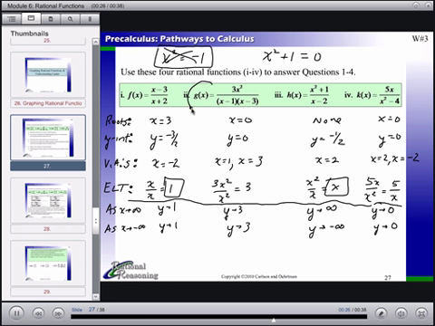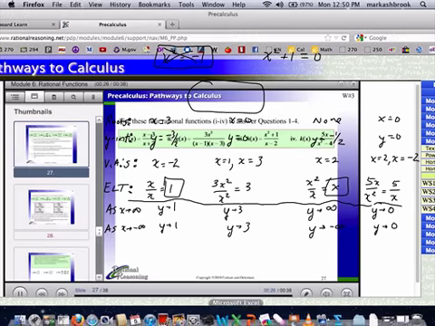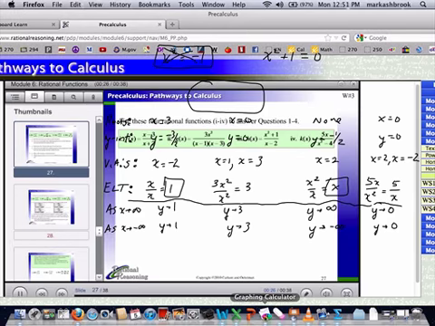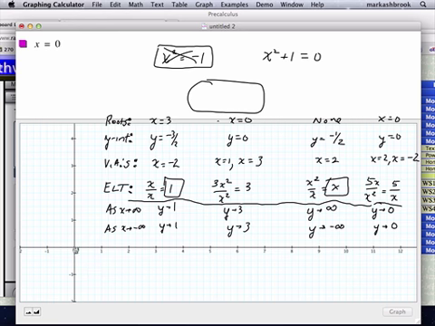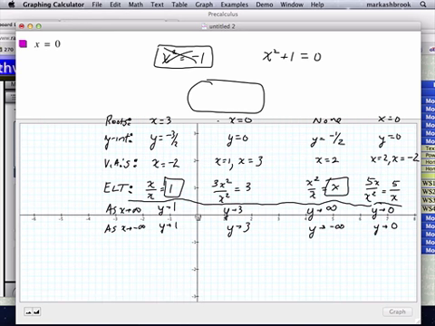Let me just, if you can pack up quietly and watch, and I'll graph this one as you're packing up. So 3x squared over x minus 1, x minus 3. All right, so what are the roots?